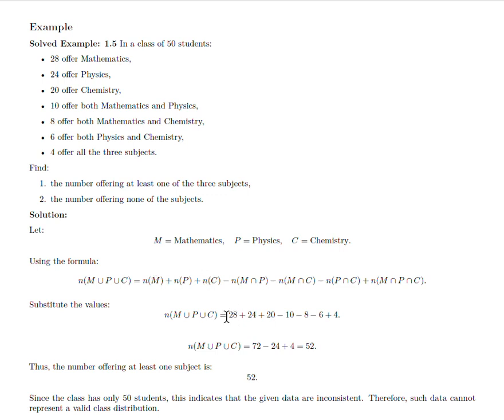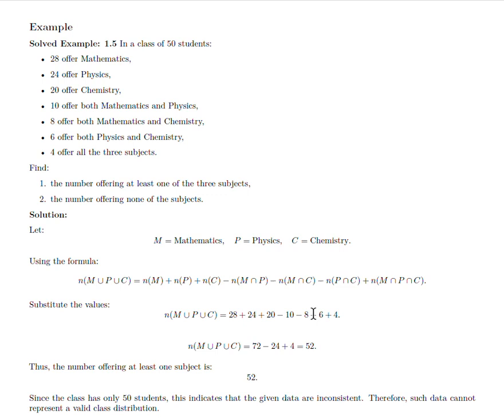Cardinality for M is 28 from the question. Cardinality for P is 24 from the question. Cardinality for C is 20 as given in the question. We remove those intersections. M and P, mathematics and physics, is 10. We subtract. Mathematics and chemistry, 8.